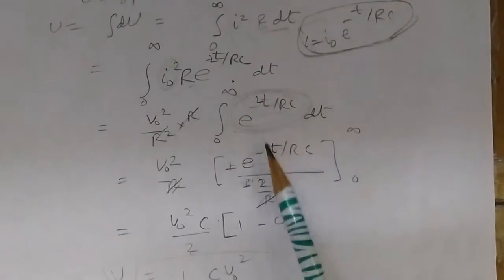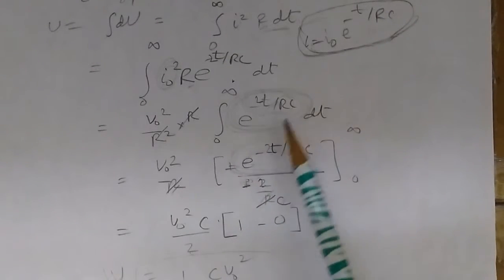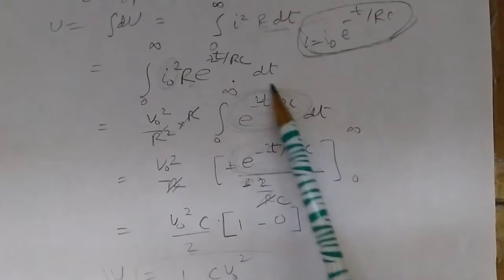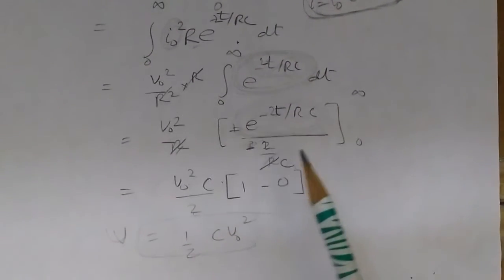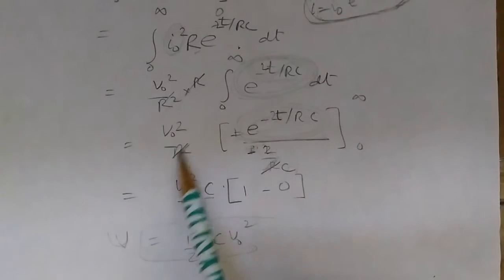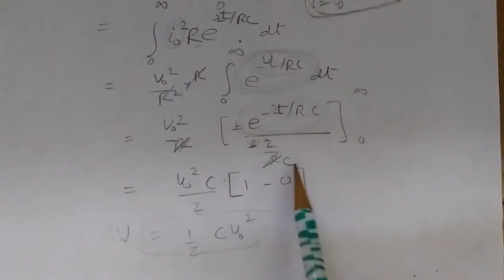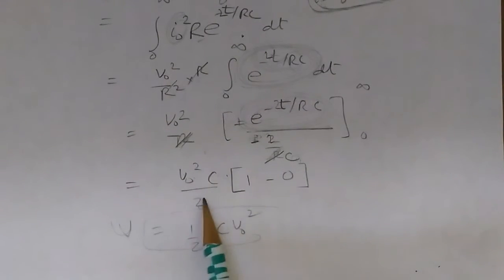Integration of this term, the integral of e to the power x dx, is e to the power x divided by the derivative of the exponent, which is minus 2 by RC. Now this R cancels, and 2 by C becomes C by 2, so it's V naught square C by 2.